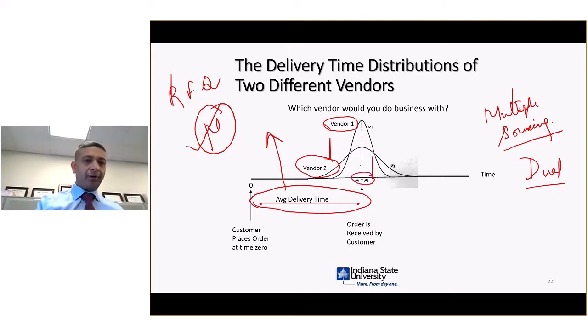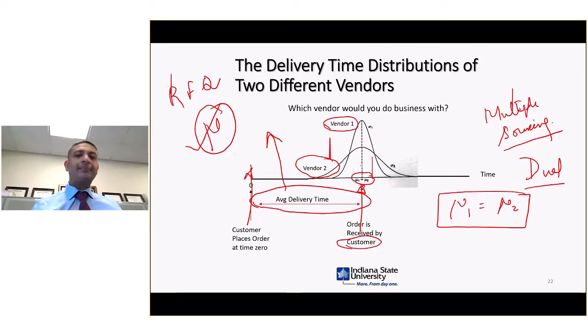Okay, from the point the order is placed to the point the actual order is received by the customer, which is you. Okay, and therefore that's what you see here, mu1 equals mu2, which basically means both these suppliers have the same average time to deliver, or else they wouldn't be in business.